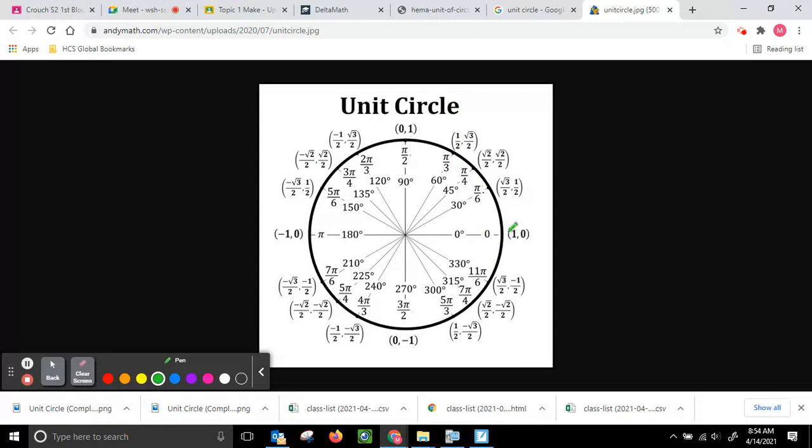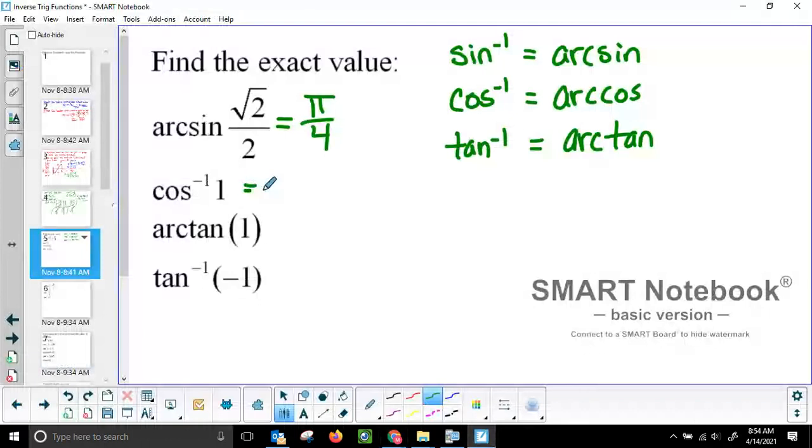Remember, cosine on my unit circle are the x coordinates. So on the top half of the unit circle, where is my x coordinate 1? 0. Absolutely. So the answer to this is 0. All right, that's it.